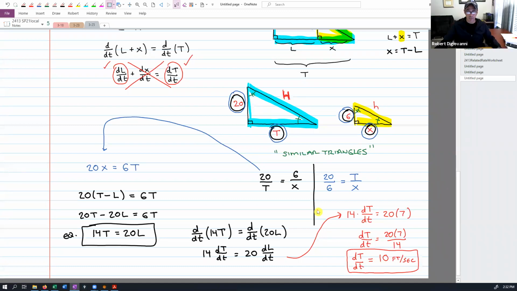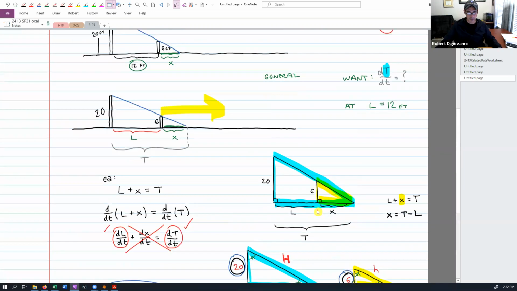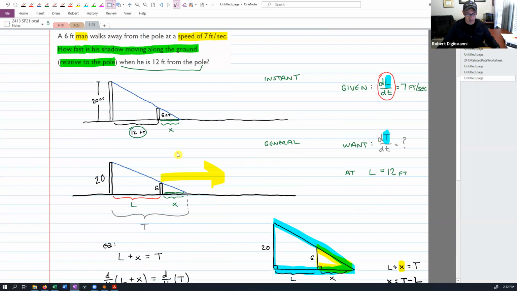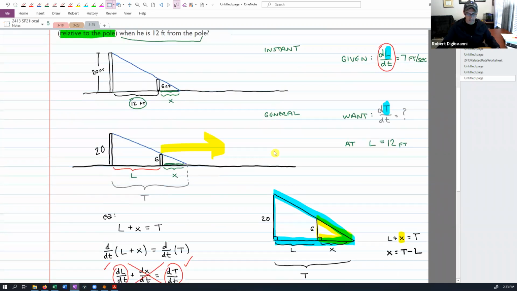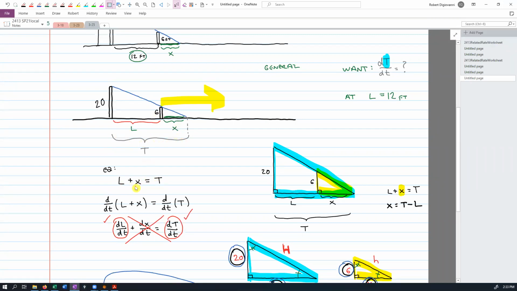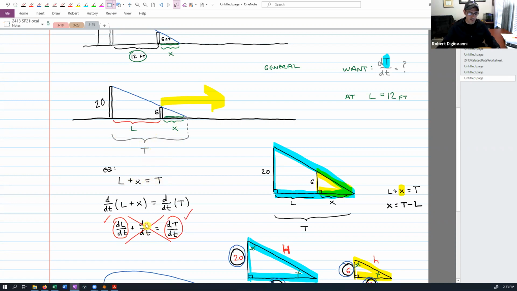Okay, I think we should back up and just recap. Started with the problem, tried to draw a picture. We got an instant and a general picture. We labeled L and X, but then we realized we really wanted to know how fast T was changing. We tried to come up with a relationship between T and L. The first relationship we had, even though it was good, we didn't know what dx dt is, so we couldn't work with this.